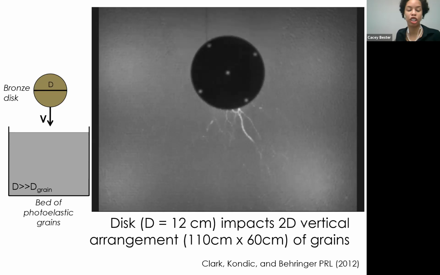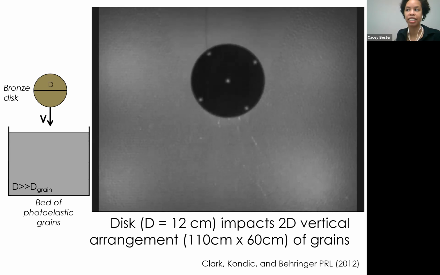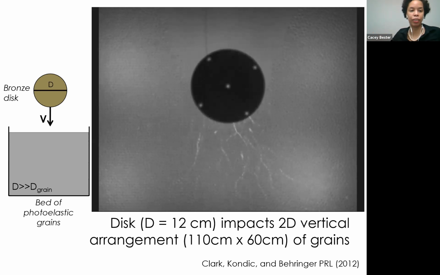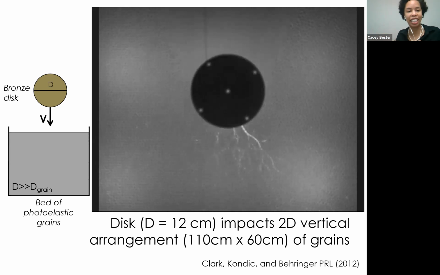So even if we perturbed it by, as you pointed out, dragging an object so that it travels at a constant speed, for example, you could still observe this kind of propagation of the force in this way, as the impactor or the obstacle is constantly making contact with new grains and creating this new network that propagates through. But thank you, that's a great question and a great idea too.